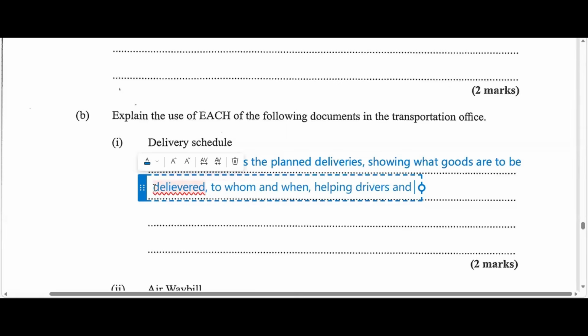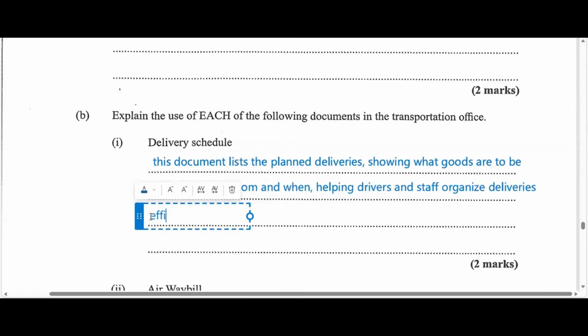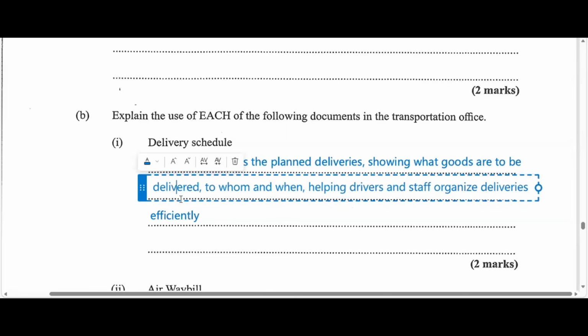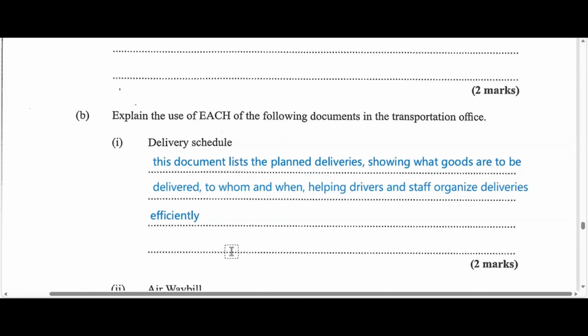Helping drivers and staff organize deliveries. Efficient. All right, good. That's it.